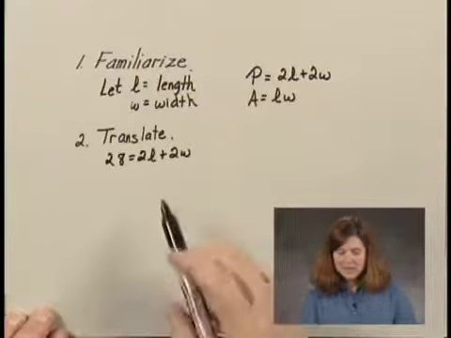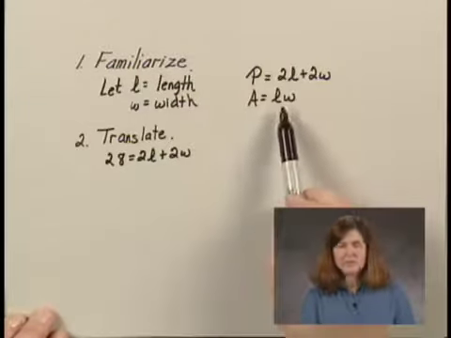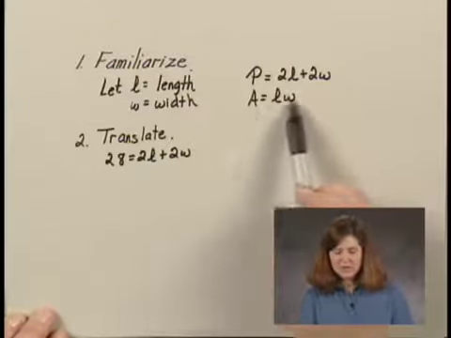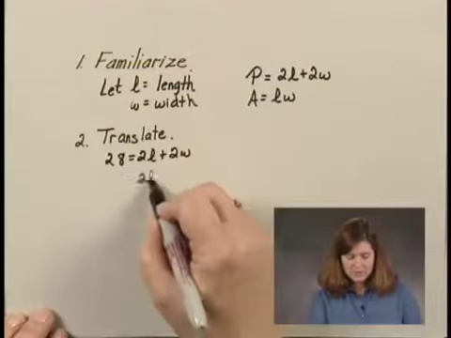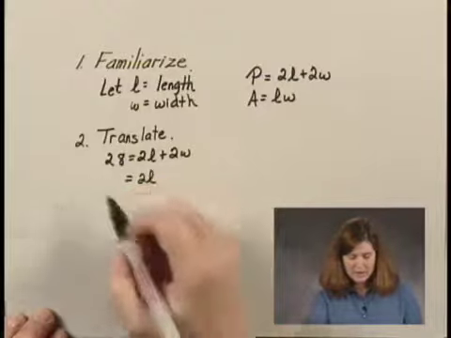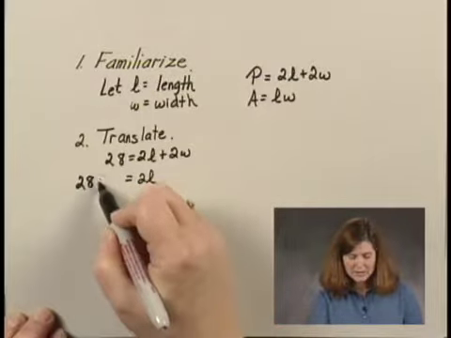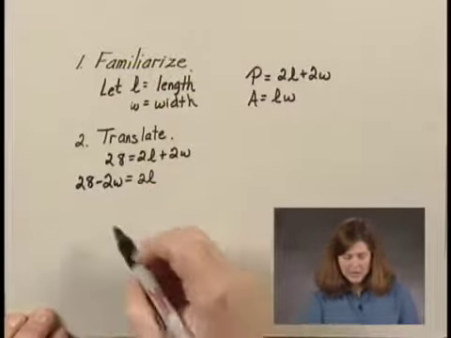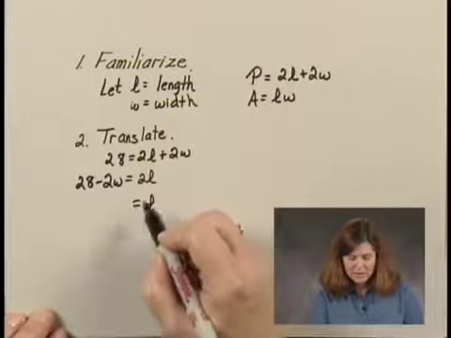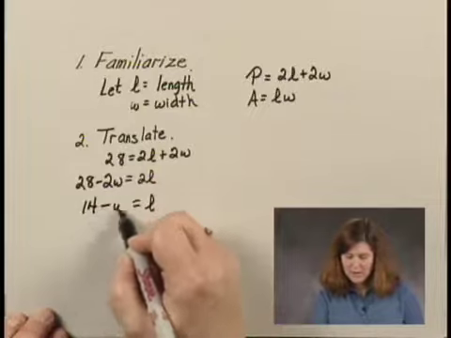And let's go ahead and solve for the length so that we can substitute in the area and just have area with just width as the only variable. Subtracting 2w from both sides, we have 2 times the length is 28 minus 2w. And dividing everything by 2, we have that the length is 14 minus w.